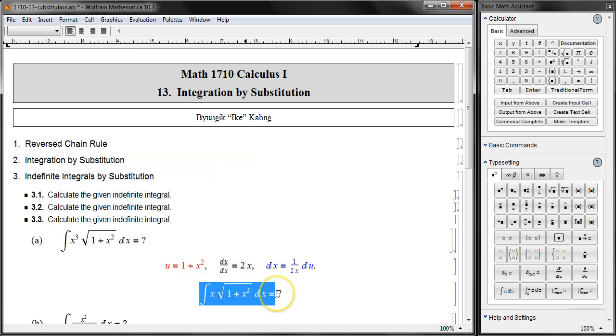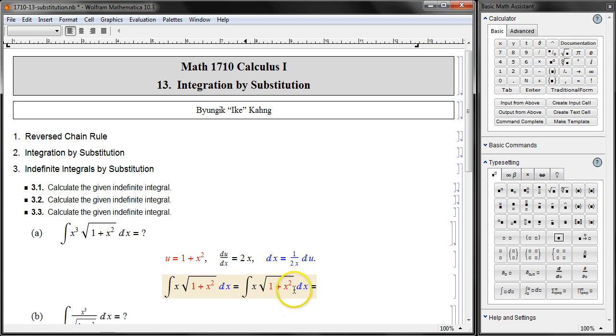Let's do it. Plug everything in, and then this is u, and then dx is equal to 1 over 2x times du, and do you see the simplification? x and x cancel each other out.